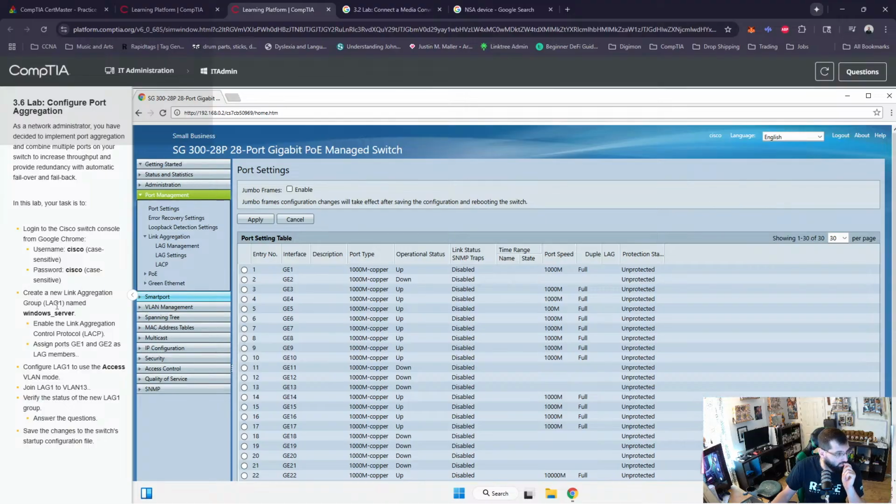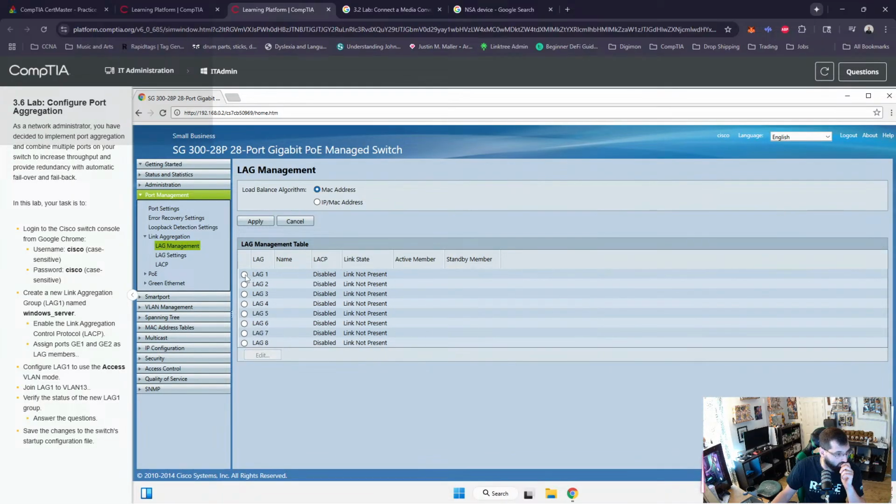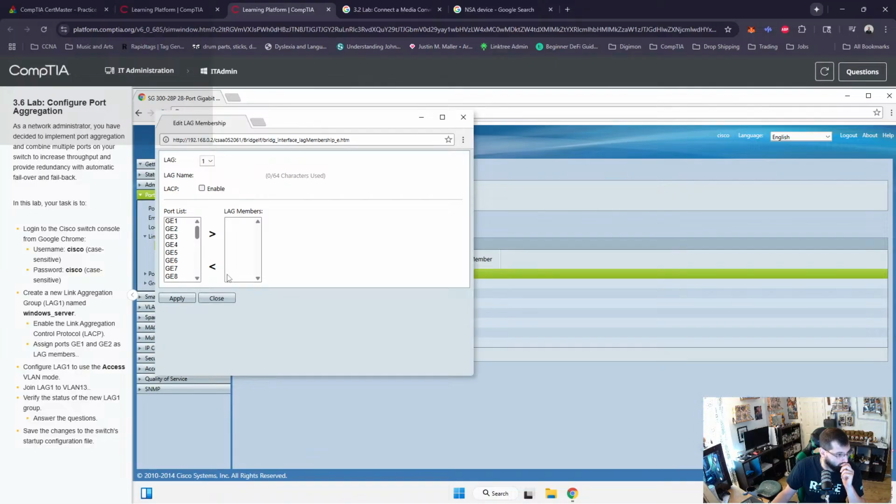Create new link aggregation. LAG1. Oh, no. That's not what I want. This is it. Create a new link aggregation group, LAG1, name Windows Server.